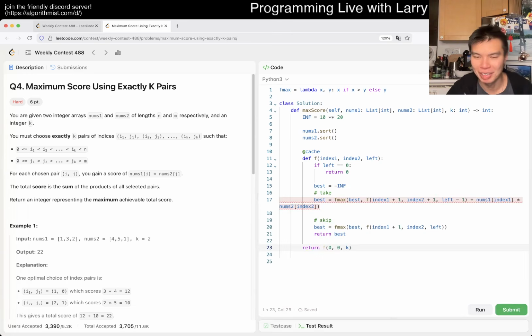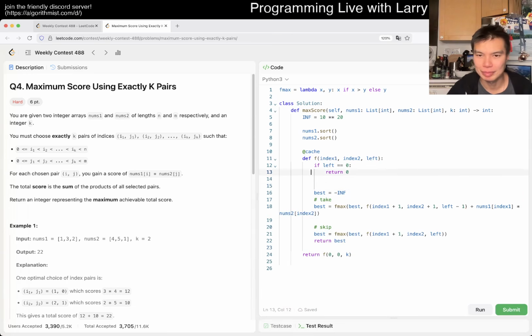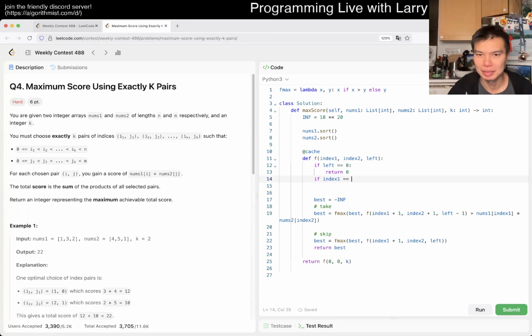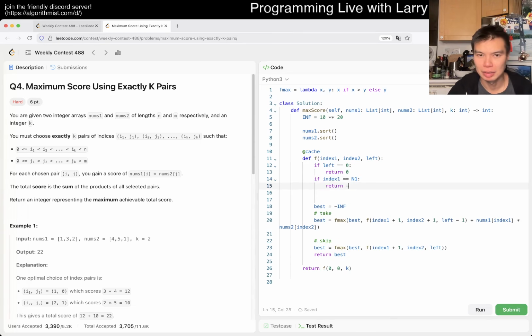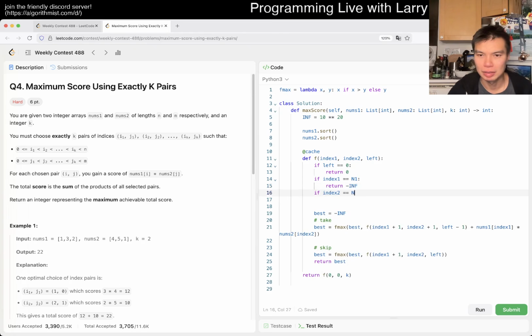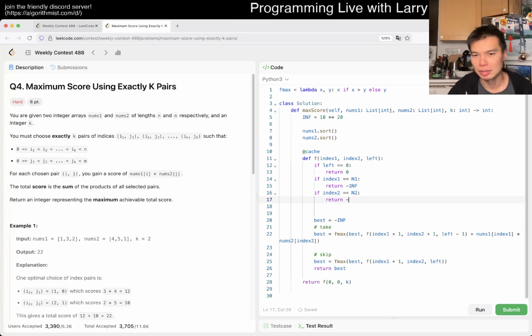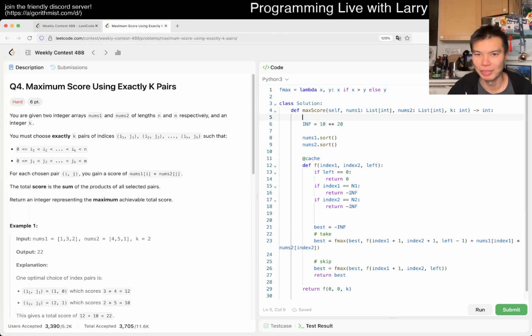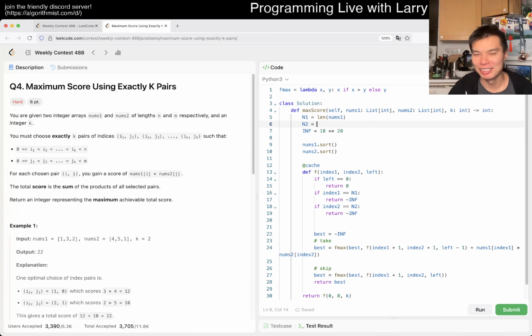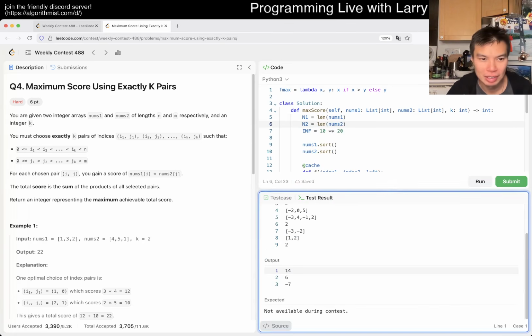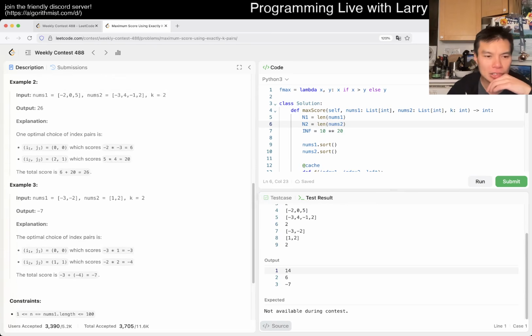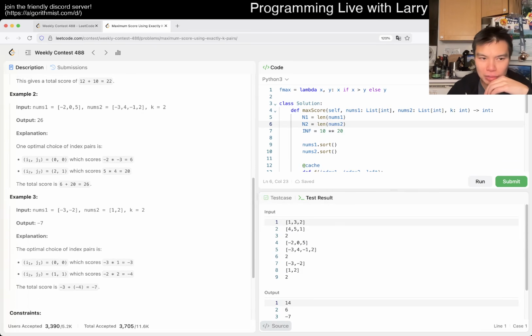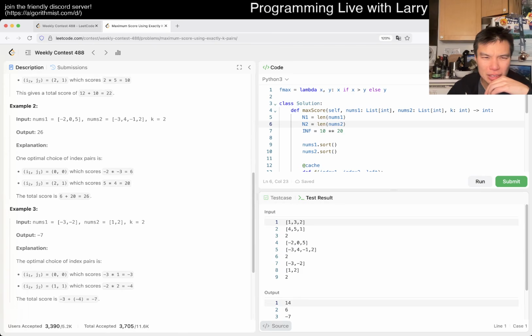Oh, why would I not check that? Have you not heard of an OR statement, Larry? I honestly thought that would work. Why? What am I doing wrong here? Maybe it's a 0. Oh, because I don't skip on nums2.